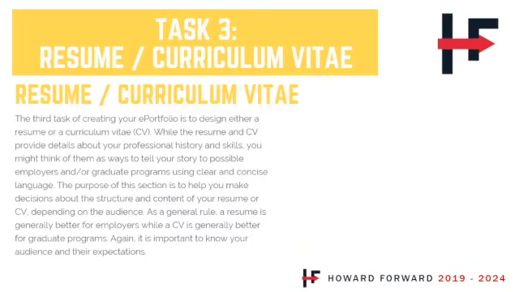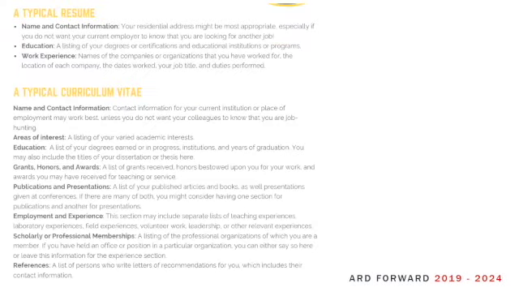I really wanted to get to the difference between the resume and the CV. As a general rule, a resume is typically something you create when you are applying for a job. A CV is what you create when you're applying for grad school. A resume typically has your education and your work experience.